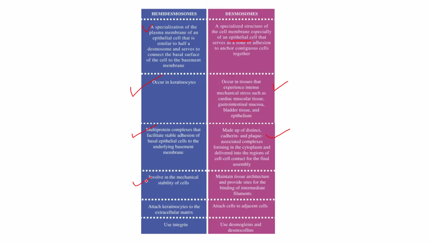Hemidesmosomes are involved in the mechanical stability of the cell, and desmosomes maintain tissue architecture and provide sites for the binding of intermediate filaments. Hemidesmosomes attach keratinocytes to the extracellular matrix, and desmosomes make cell-to-cell contact. Hemidesmosomes use integrins and desmosomes use desmogleins and desmocollins. So this is about the anchoring junctions.